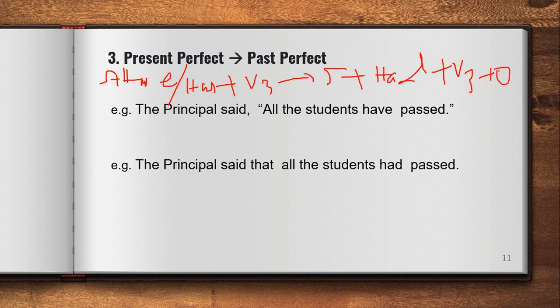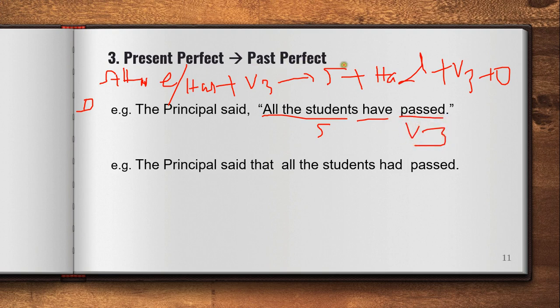Okay, let's take a look at the example. This is the direct speech: The principal said, "All the students have passed." This is the subject, this is have, this is verb 3.